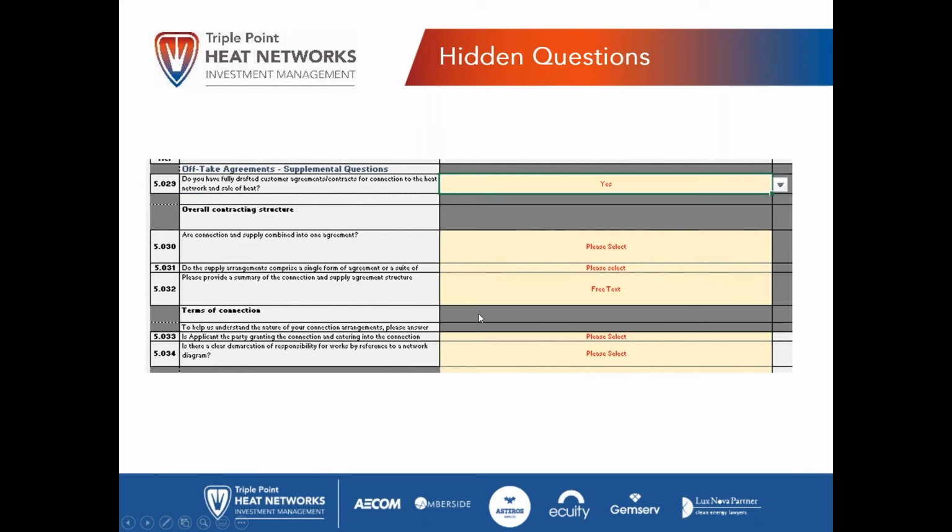However, if you select yes, you will get asked a series of questions that ask about your offtake agreements in more detail. So please make sure that you scroll down to the very bottom of the page to make sure you haven't missed off any questions as you work your way through.